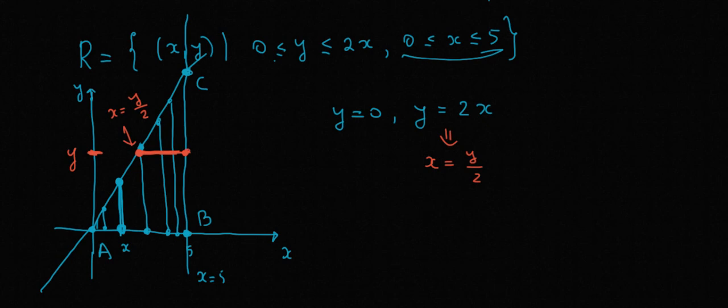Now the right end point lies on the vertical line x equals 5, and therefore its x coordinate is 5. Our interval of integration for the first integration over x is the interval from y over 2 to 5.